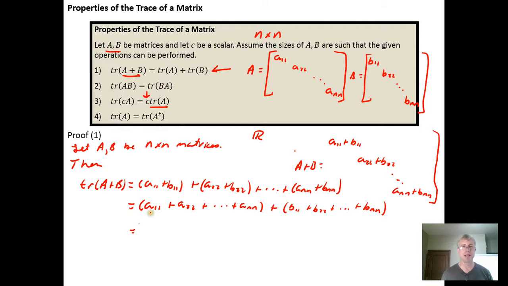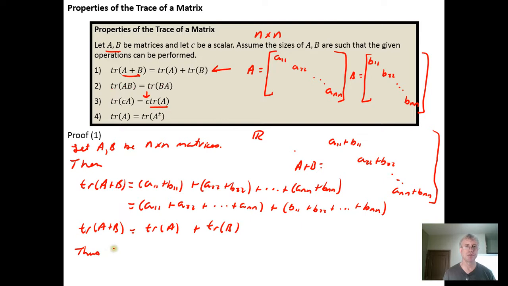Then we recognize that the sum of the a's is just the trace of A, plus, bringing the plus sign down, the sum of the b's is just the trace of the matrix B. And so now we see that the trace of A plus B is equal to the trace of A plus the trace of B, as desired.